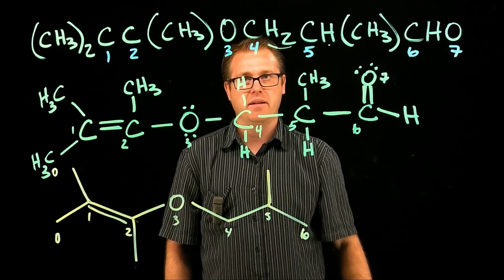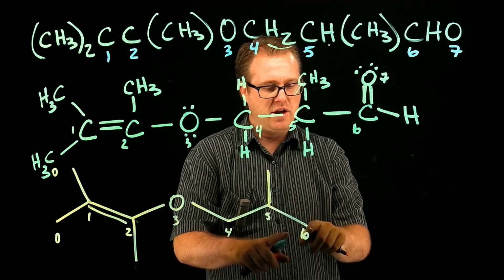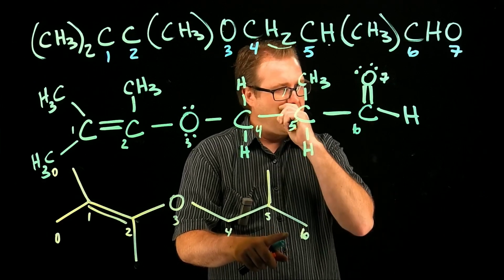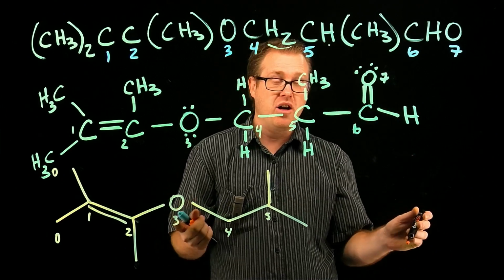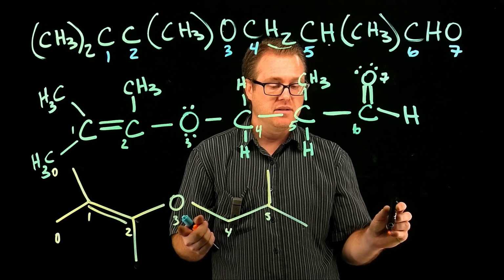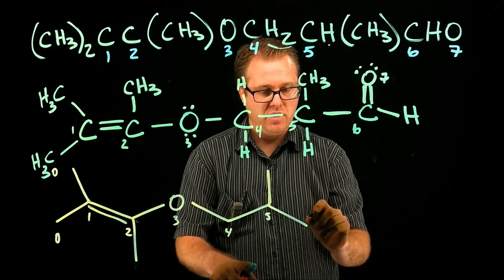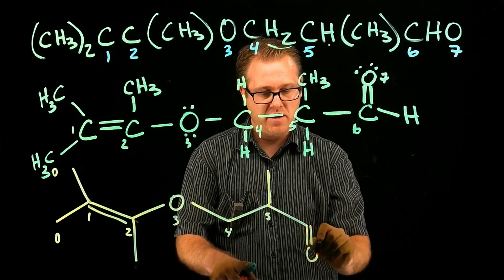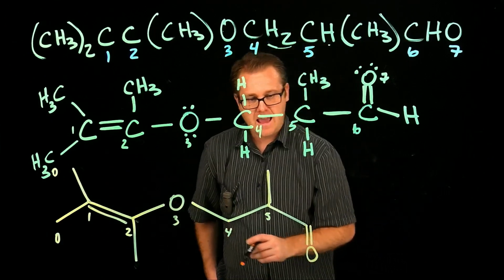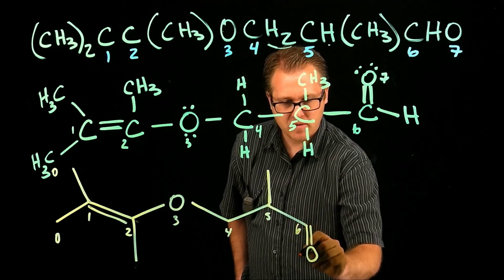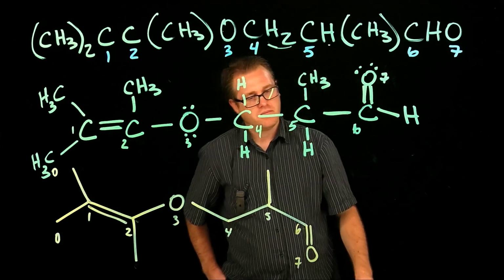It's just implied. And then carbon 6 is this guy. And with carbon 6, we have to draw in all our heteroatoms. So I'm going to do our double bond O. And so that's carbon 6 and oxygen 7.